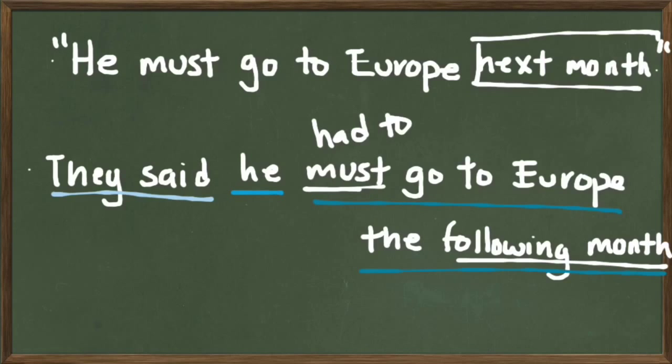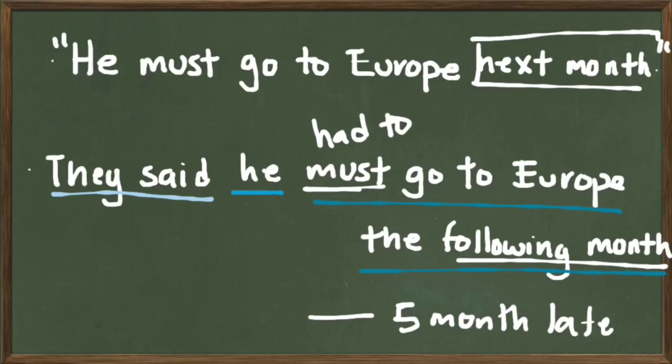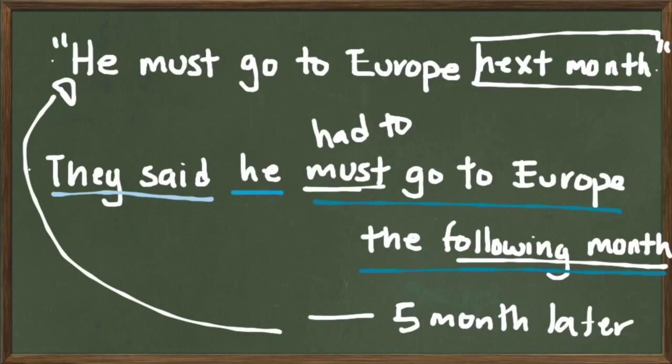Next month is still next month. But let's say that we report this 5 months later than the original sentence was said. That being the case, we would have to use the following month. Why? Because next month is no longer next month. It's the following month. It's a long time in the past.